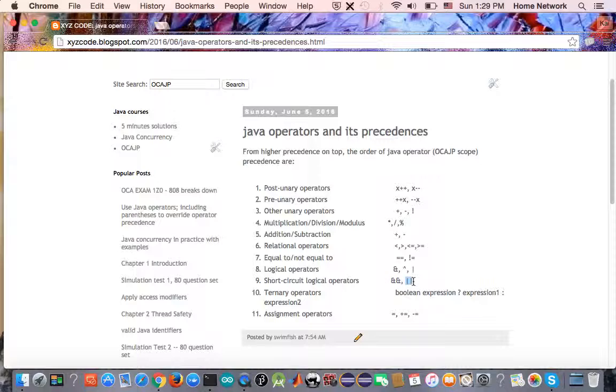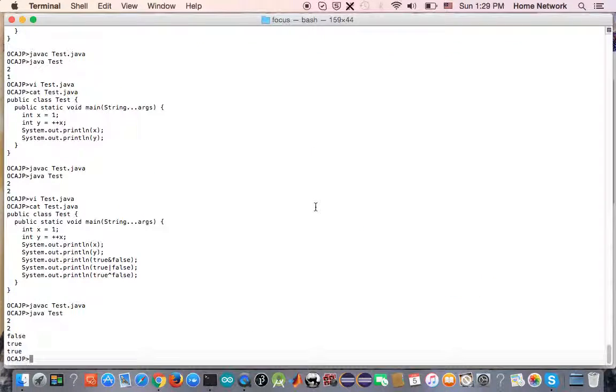OR does the opposite. We evaluate the expressions from left to right. The first time we meet a true, the whole expression is evaluated as true. The rest of the expressions are ignored, or short-circuited. Let's take examples.